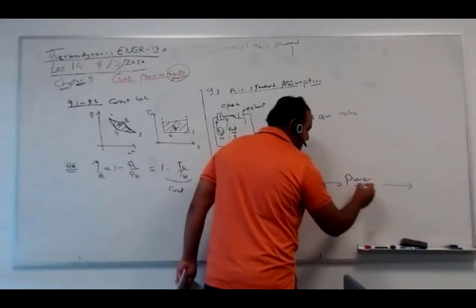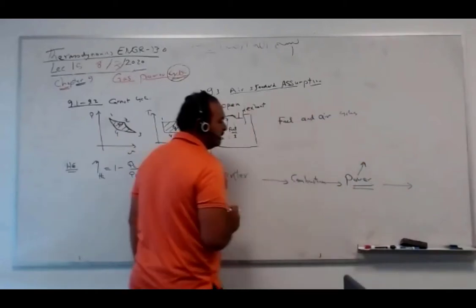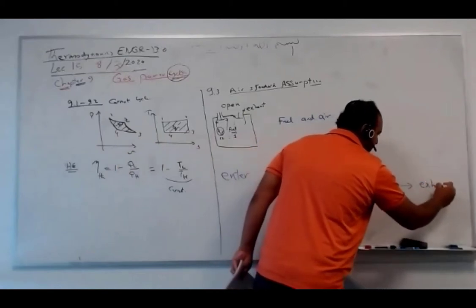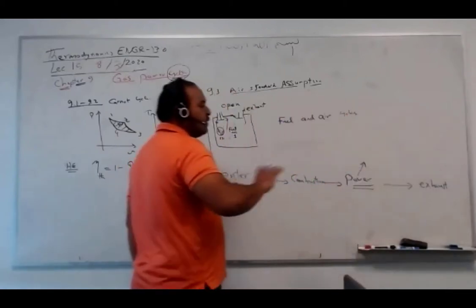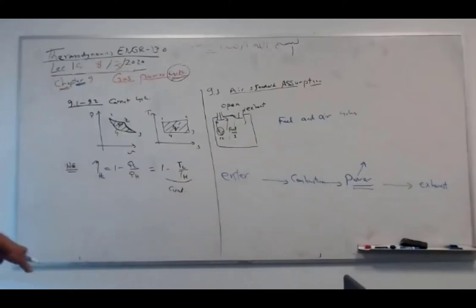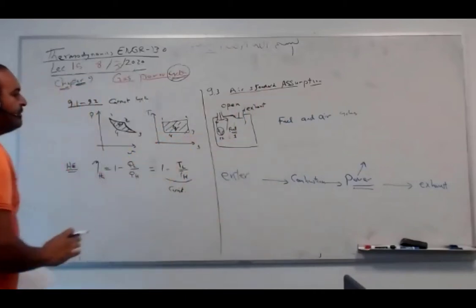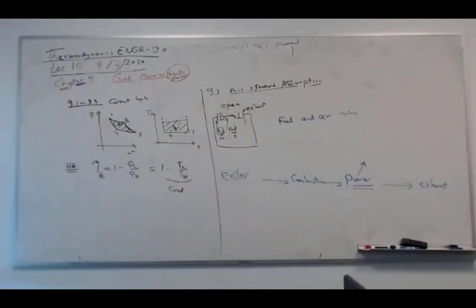This is the important part, the power stroke. Then we have exhaust, all the exhaust going out. Then repeat: air and fuel going in, combustion, power, exhaust. This is the cycle for all air standard assumptions. This is a typical cycle.